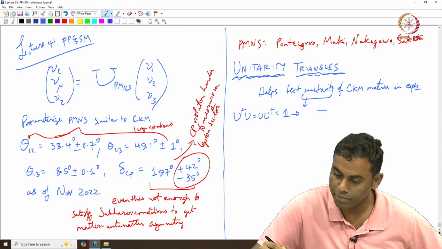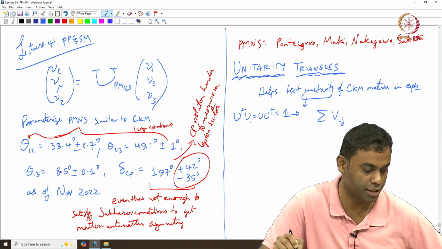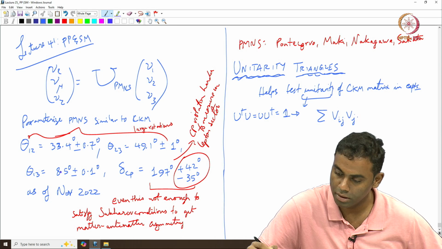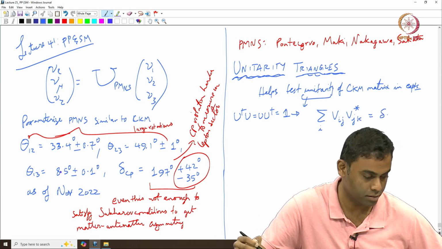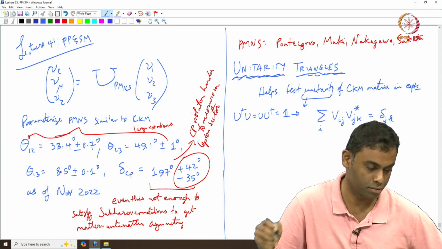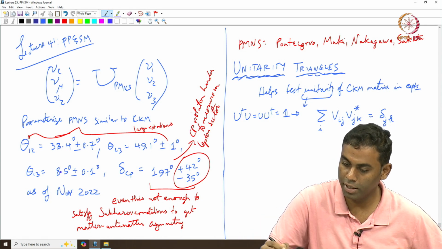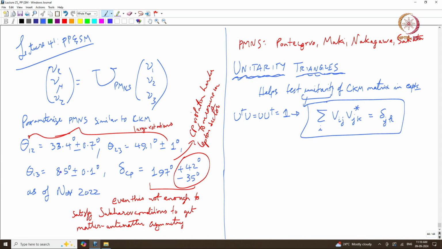I can write, do you agree, that if I actually carry out the multiplication of the matrices, this is what I have. Agreed? Basically what have I done? I have taken the rows of the daggered matrix and multiplied them with the columns of the undaggered matrix, right?